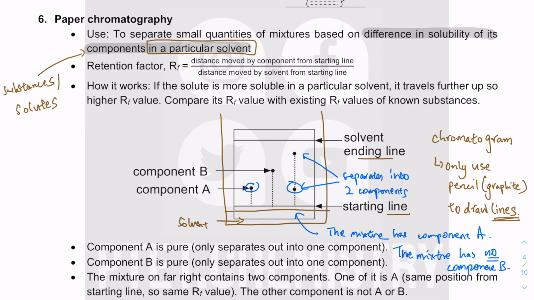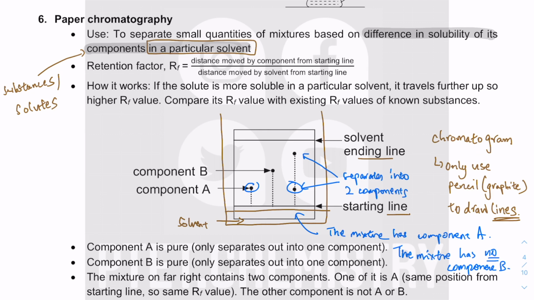So that's why we take it out before the solvent reaches the very top, which you can see when the filter paper is wet. Then we use a pencil again to make a mark there, and you can use a ruler to draw a line, and that is where we say the solvent ends, because that is where the solvent stops moving when we take out the filter paper to give us the chromatogram.